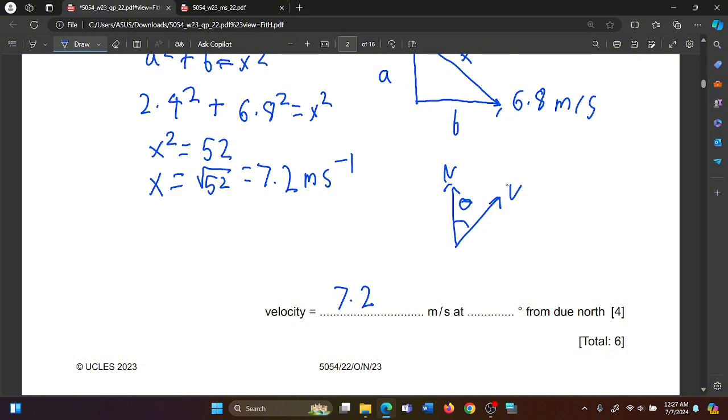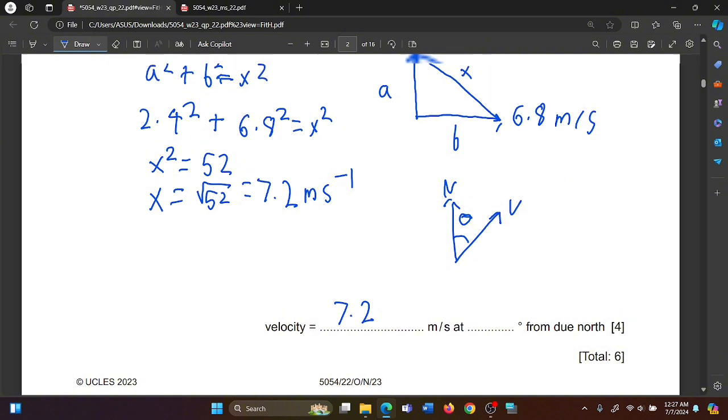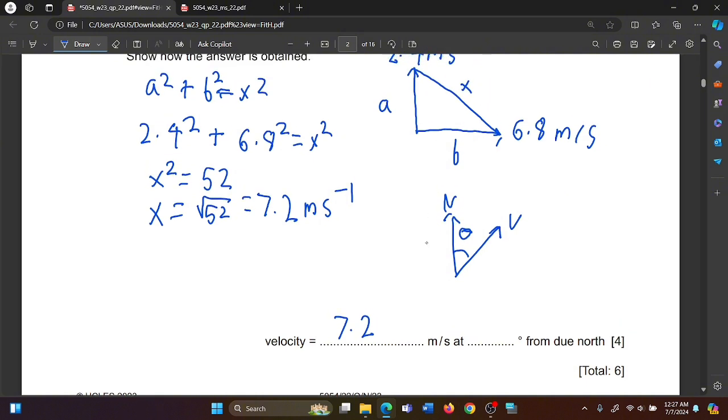How do we find it? The speed towards the north is 2.4, and the speed towards the east is 6.8, then we can find theta using the formula tan theta equals opposite by adjacent. Here the opposite is 6.8 and the adjacent is 2.4.